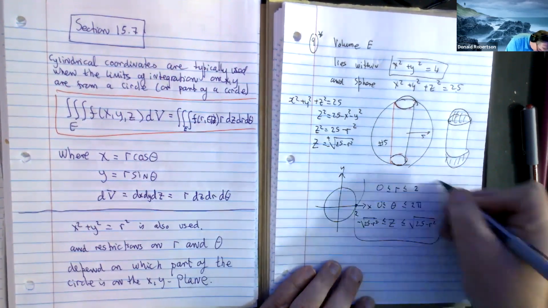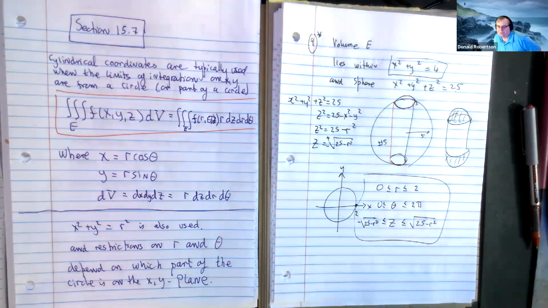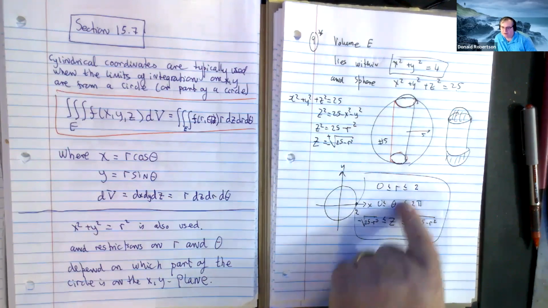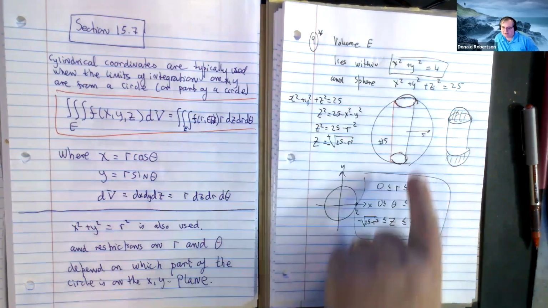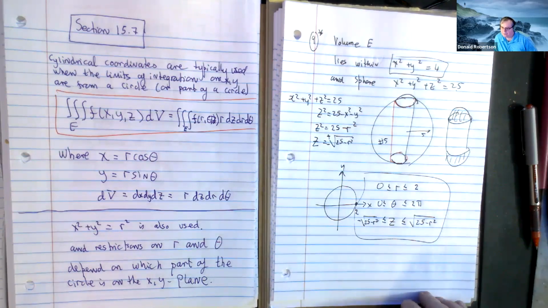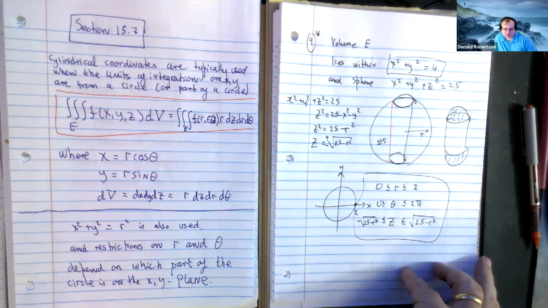There are our limits of integration. Are you comfortable with that bit giving me the r and the theta, and this bit giving me the z's? Any questions?